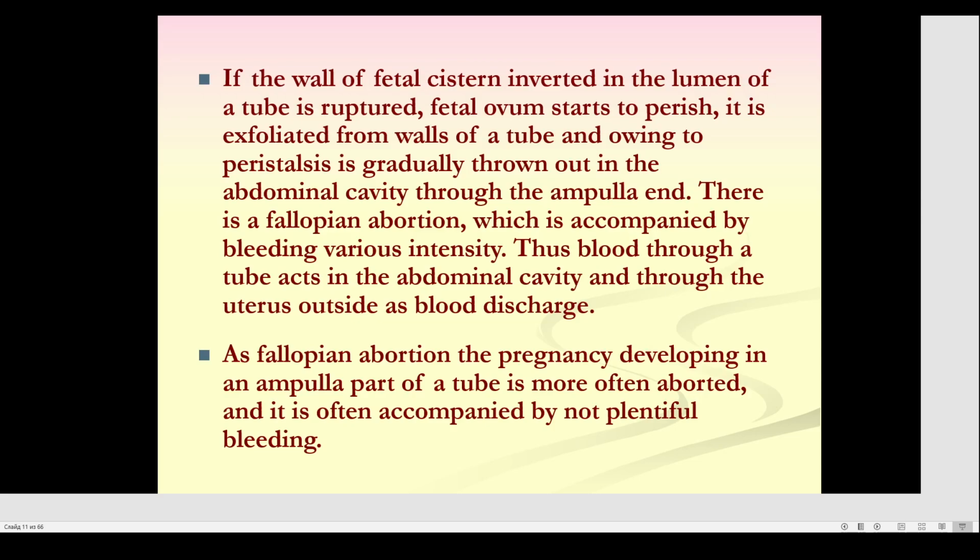There is a fallopian abortion, which is accompanied by bleeding of various intensity. Thus, blood through the tube enters the abdominal cavity and through the uterus outside as blood discharge. In fallopian abortion, when pregnancy develops in the ampulla, the part of the tube is more often aborted, and it is often accompanied by not plentiful bleeding.